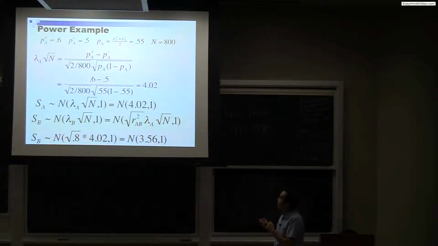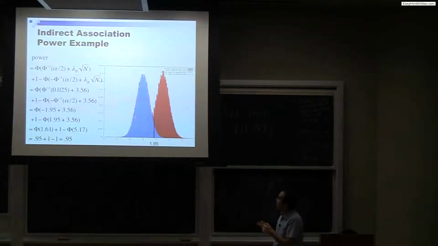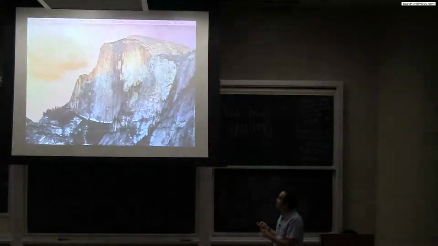We already computed that, 4.02. And then what is going to be at SNP B? The non-centrality parameter at SNP B is going to be 3.56. So the power went down from what it was before, 3.56 compared to the 4.71.